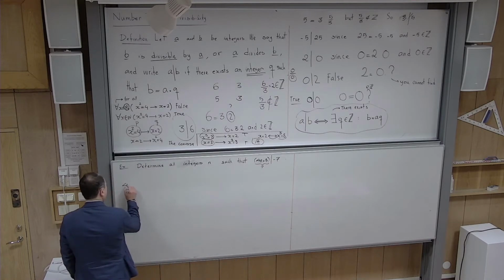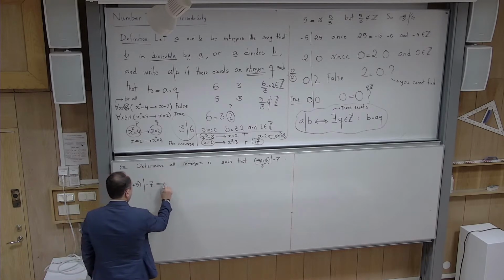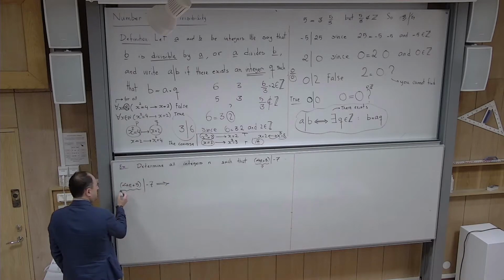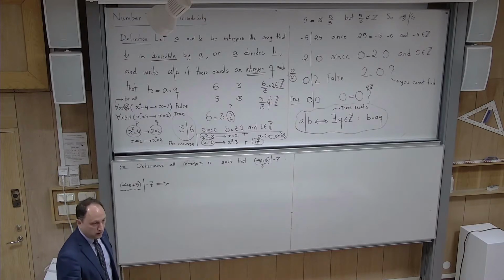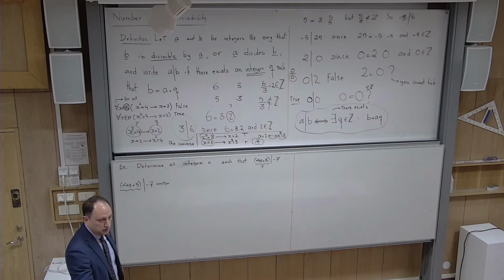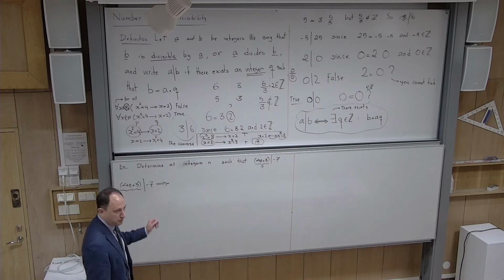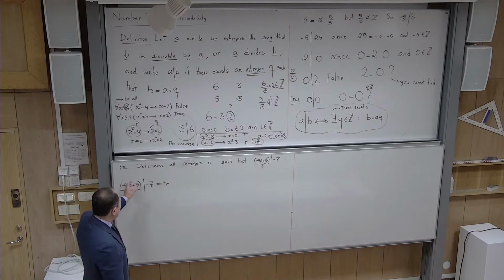So I would say that 4n plus 3 divides minus 7, this implies that there are not that many possibilities for this number. What are those possibilities? One of them is 7, minus 7, 1, negative 1. These are the only ones because 7 is a prime number, yes? Its divisors are either 1 or 7, but because you are working with integers, negatives are also included.